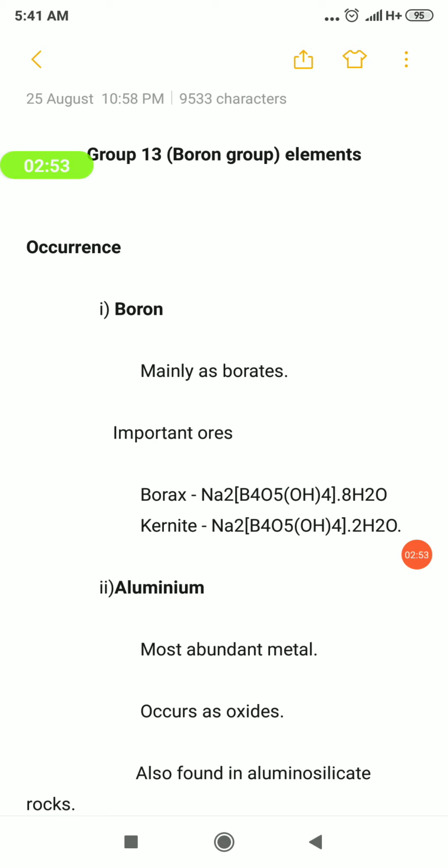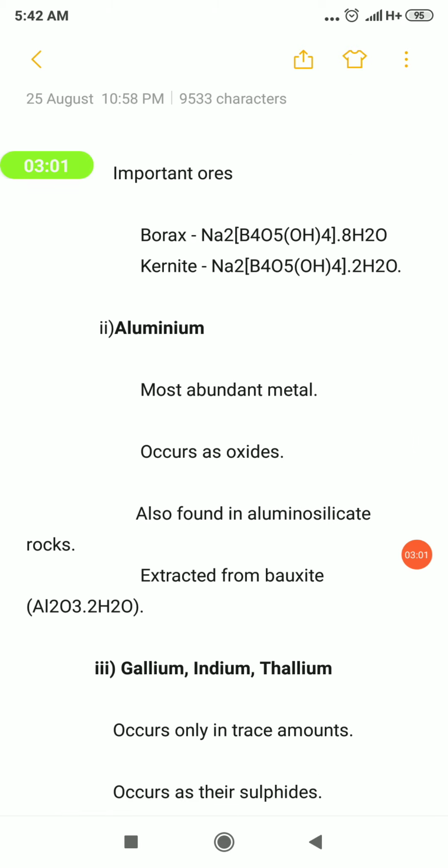Boron occurs as borate, whereas aluminium occurs as oxides, and is also found in aluminosilicate rocks, a kind of rock. From that also we can extract aluminium, and even it can be extracted from bauxite.